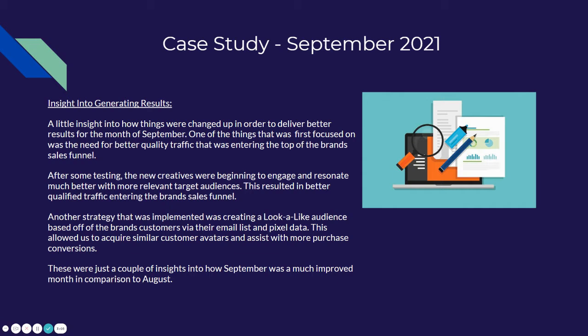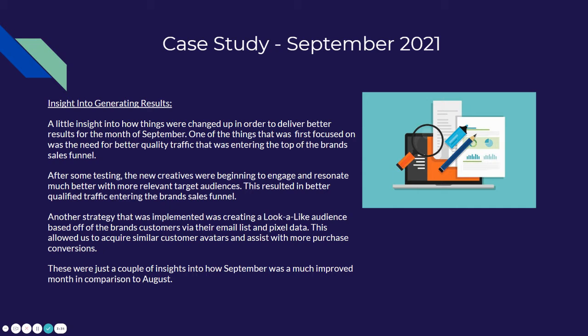After some testing, the new creatives were beginning to engage and resonate much better with more relevant target audiences. This resulted in better quality traffic entering the brand sales funnel. Another strategy that was implemented was creating a lookalike audience based off of the brand's customers via their email list and the pixel data on Facebook.